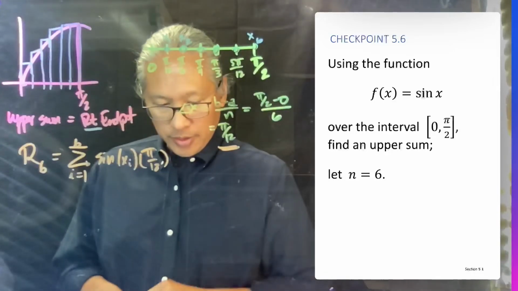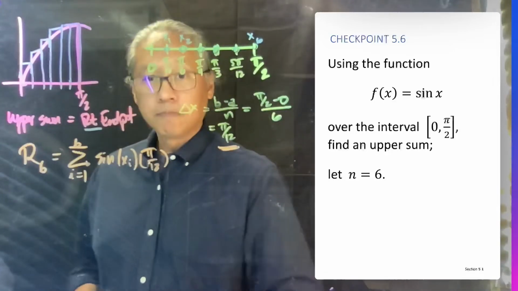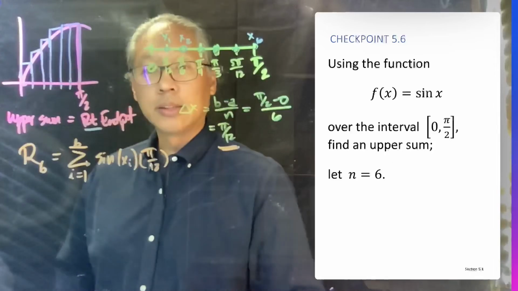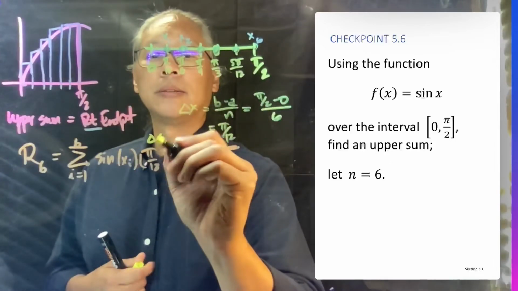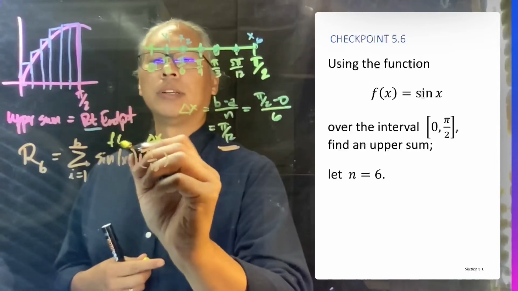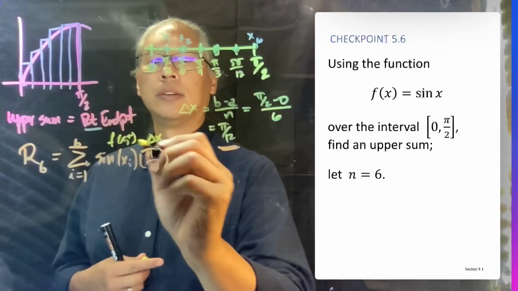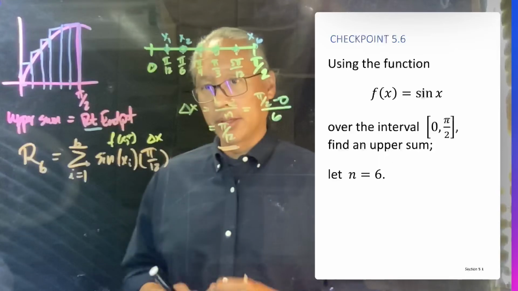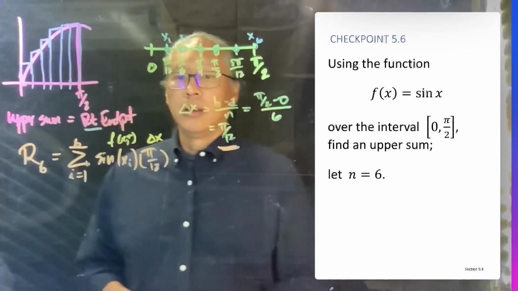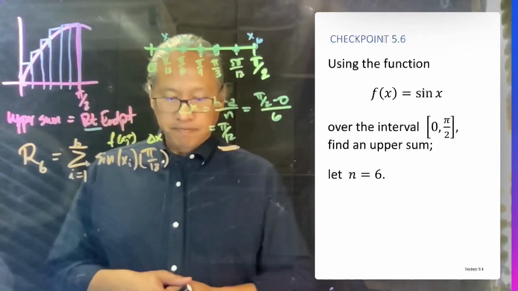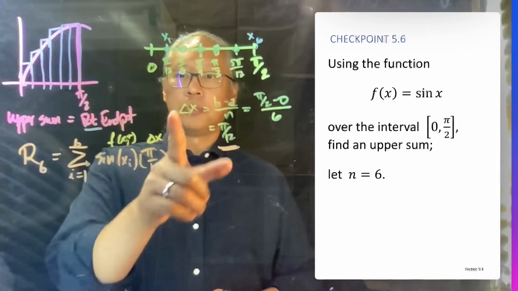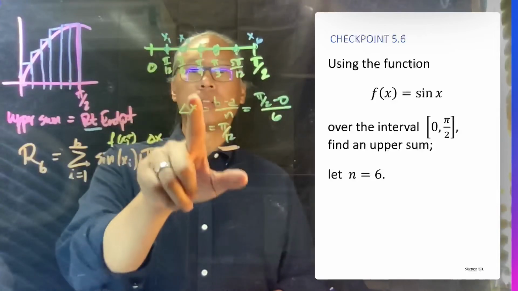And we'll remember that this is delta x, and this is your function f of x sub i star, or in this case x sub i, because we're just dealing with the right. Okay, we'll put in those values, so there'll be sine pi over 12, sine pi over 6, sine pi over 4, etc.